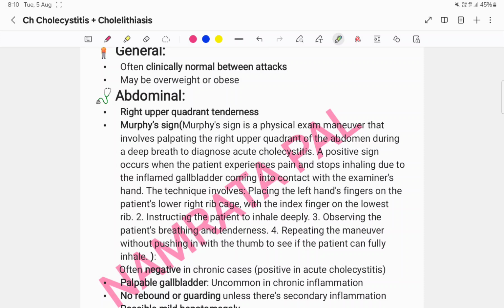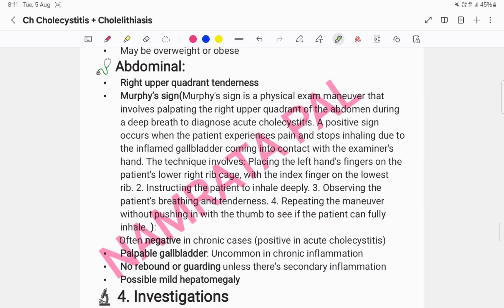Left hypochondrium, right hypochondrium, epigastrium, right lumbar, left lumbar, umbilical, right iliac, left iliac, and hypogastrium. We have to palpate all the quadrants. If the patient complains of pain, we start the palpation from the most distal quadrant as much as possible.